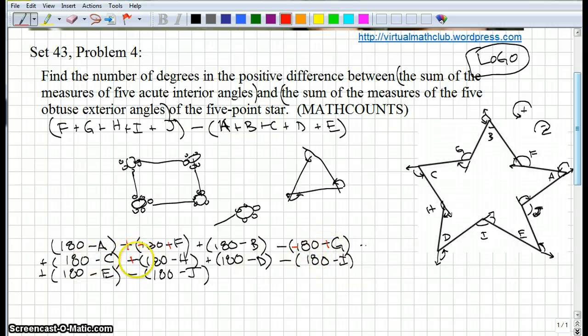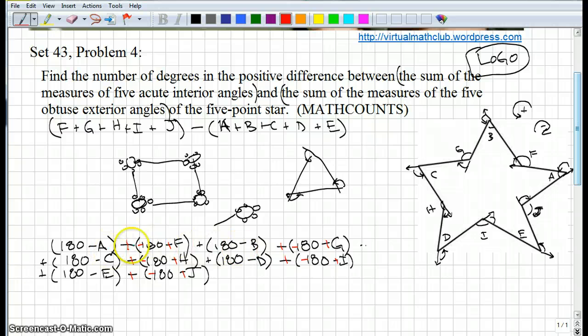In the same way here, if I make that a positive, then this becomes negative and this becomes positive, and then make this positive, make that negative, make that positive. And here, make that positive, make that negative, and make that positive. I'm just distributing the negative sign inside so I can work with all positive numbers. And the positives, I can take away the parentheses now.